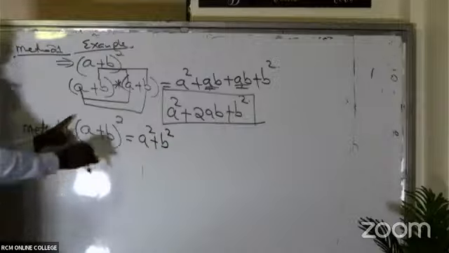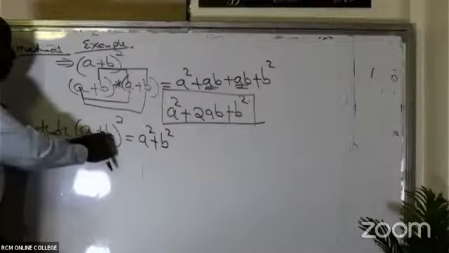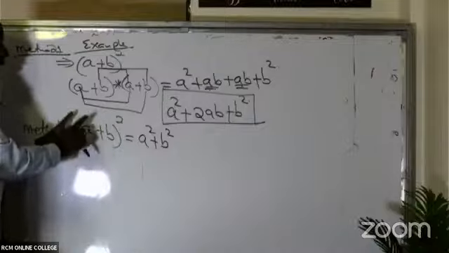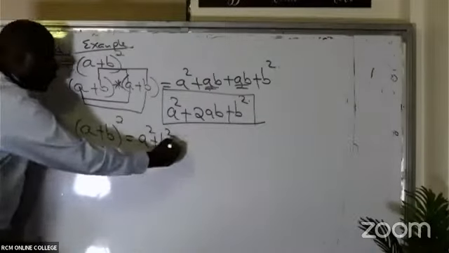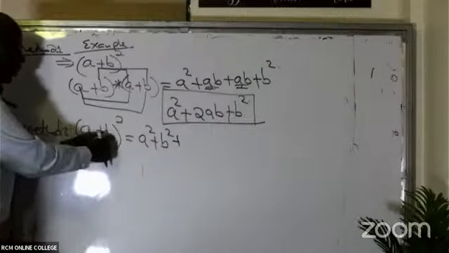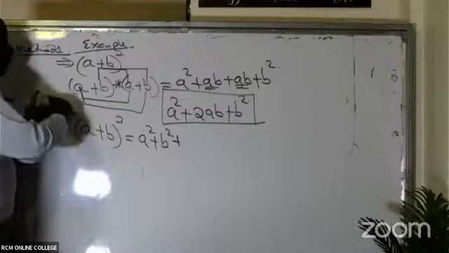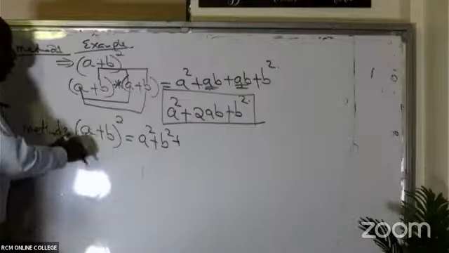And then, ladies and gentlemen, because of combination, we are going to have a new term being born. The new term will be the multiple of the 2, which is ab. So you multiply the two, but remember to double the answer. You should always double the answer.